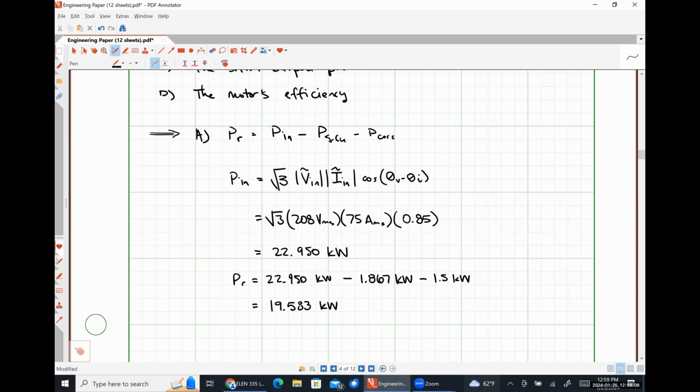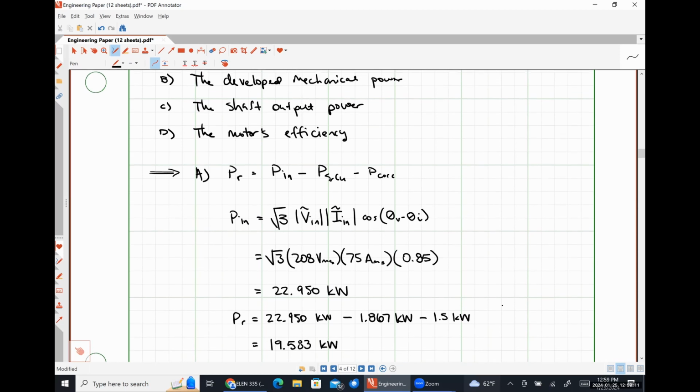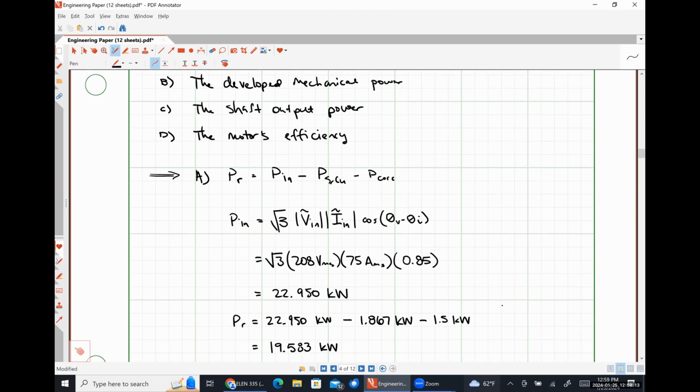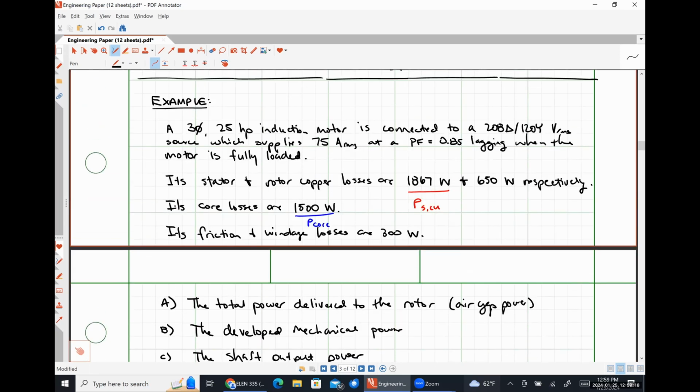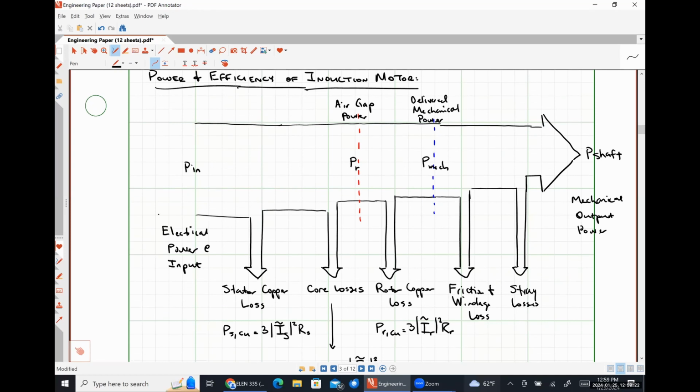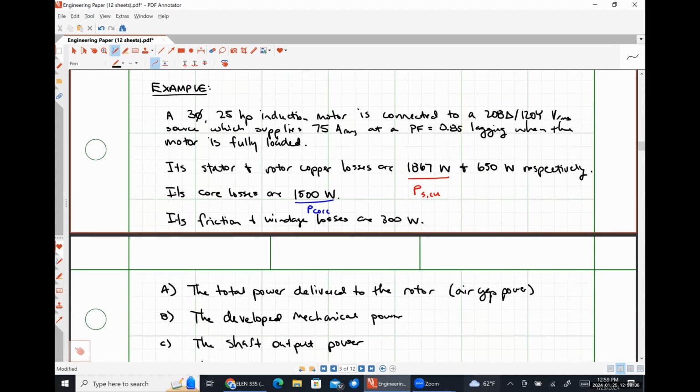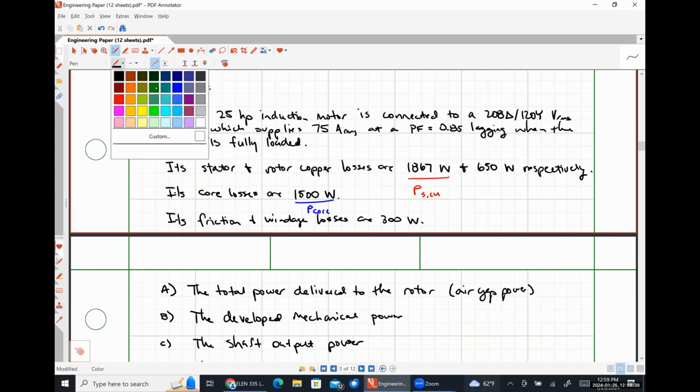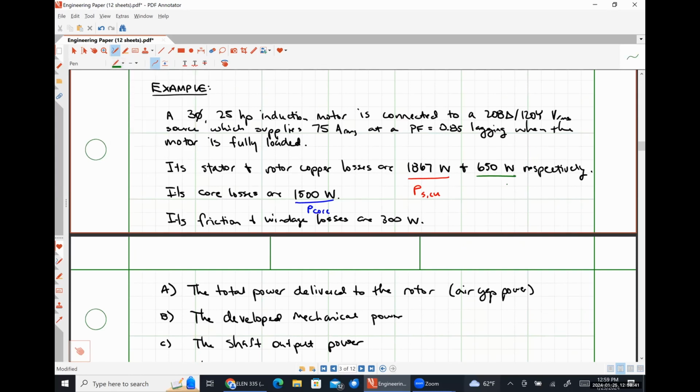All right. So now we need to figure out our shaft's output power. No, our developed mechanical power, sorry. So let's go back up here. So our developed mechanical power is literally just the air gap power that we just found minus our rotor copper losses. So that's easy enough, because our rotor copper losses are right here.